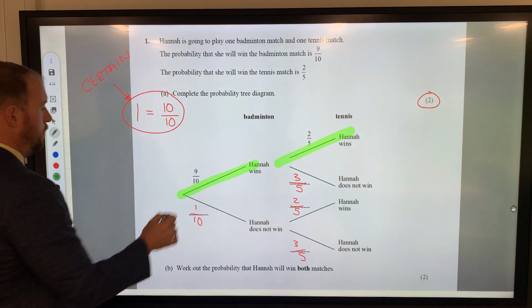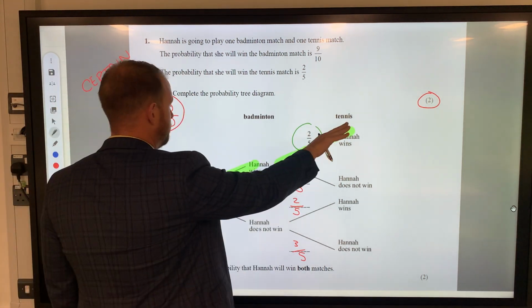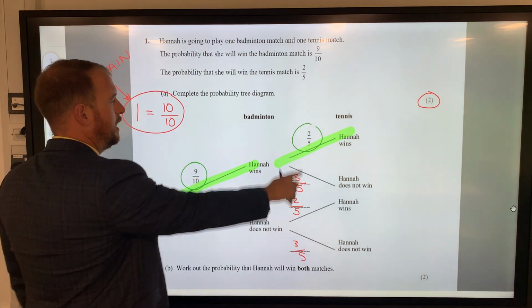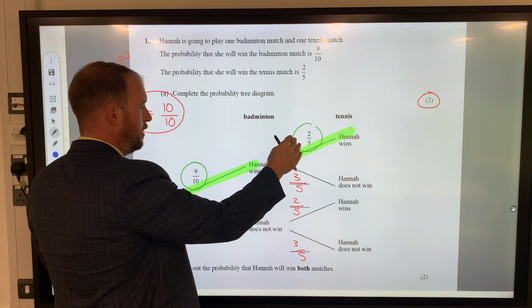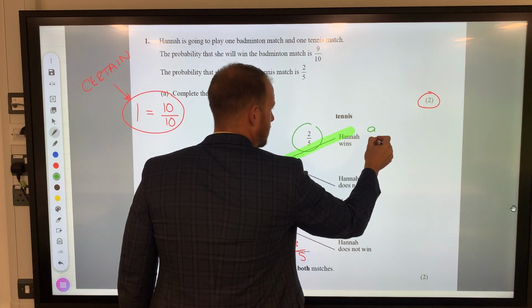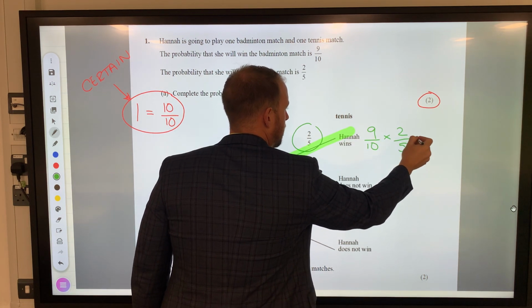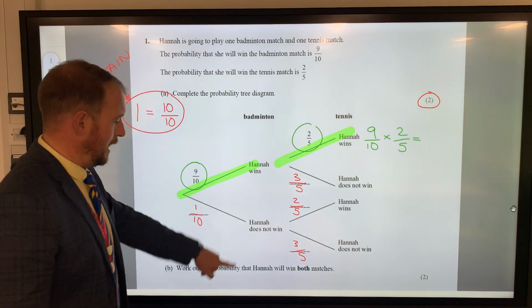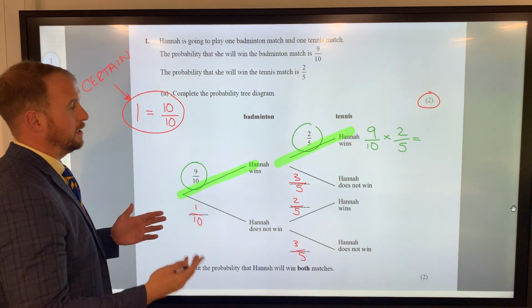I've got 2 fractions I've picked up along that journey: 9 tenths and 2 fifths. Because we have 2 events happening, we have to multiply these fractions together. So I've got 9 tenths multiplied by 2 fifths. Obviously I would answer this under here on the A4 piece of paper in the exam.